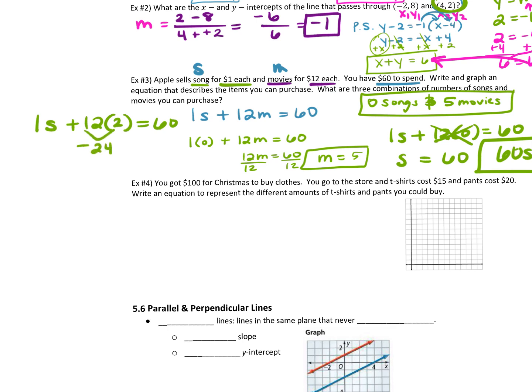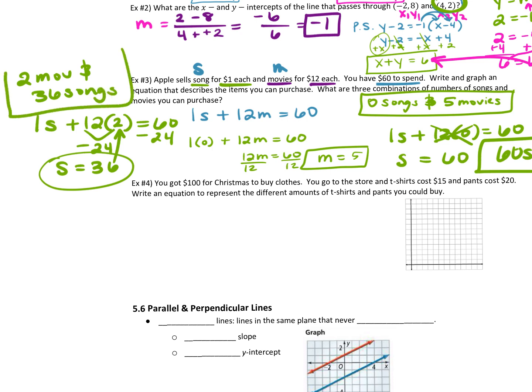So take away 24, and you get s equals 60 minus 24 is 36. What is that combination? 36 songs and what? 2 movies. Okay, so that would be another combination, 2 movies and 36 songs. So you can always just kind of guess and check, like try a number, see what it gets you for your other number, and that'll get you your combinations.